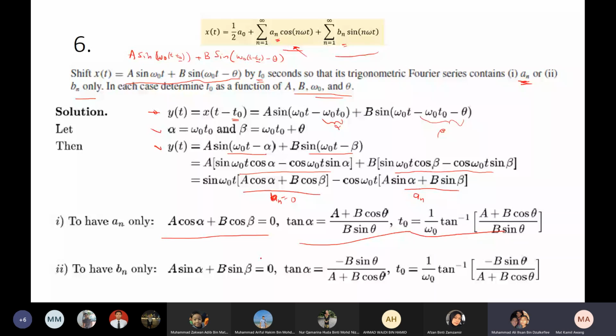So for the part b, if you want to have only bn, and this term is an, it's also a sine alpha plus b sine beta equal to 0. So therefore, tangent alpha is equal to 0, and t naught is equal to 1 over omega naught tangent inverse, because the question is asking you to determine t naught to be omega naught.